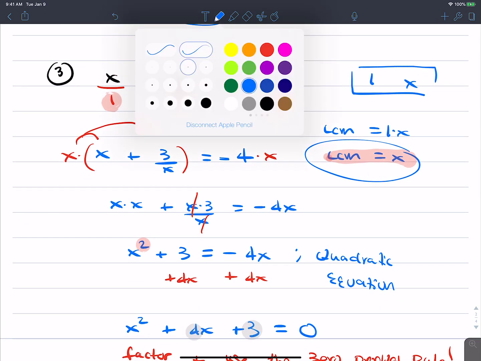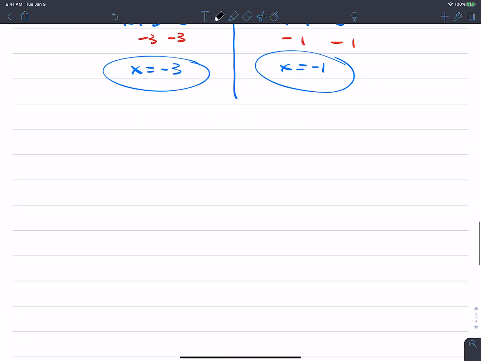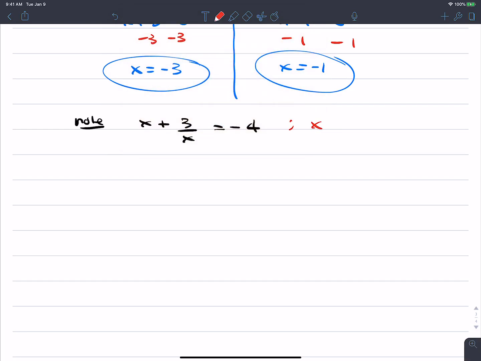Now, let's check to see whether these are really solutions here. Remember, what does it mean to be a solution? The original equation we have is x plus 3 over x equals negative 4. I want to remind you that x could never equal 0 here because you could never divide by 0.